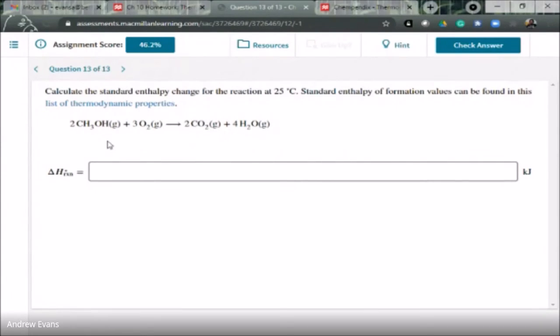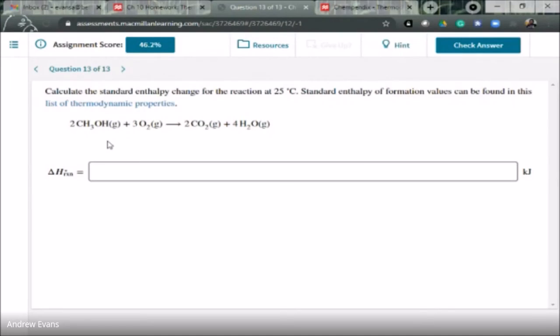So this assignment has briefly how to calculate internal energy, which is work and heat, some thoughts about internal energy and work, a lot of problems about calorimetry, and some problems about calculating delta H for a reaction.